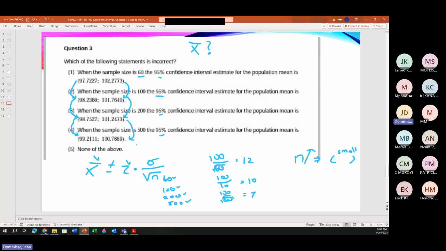So just out of that calculation, it tells me that what we are doing is correct. So as the sample size is increasing, the deviation or your range becomes smaller.